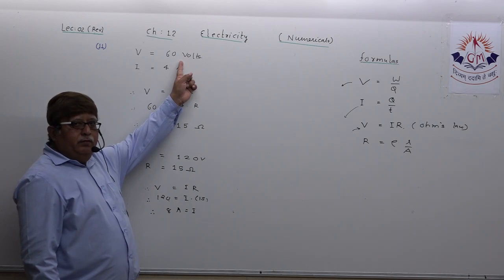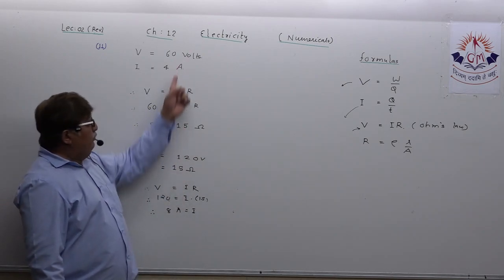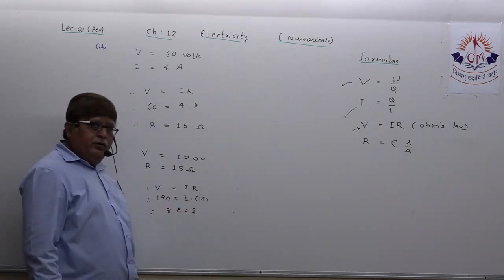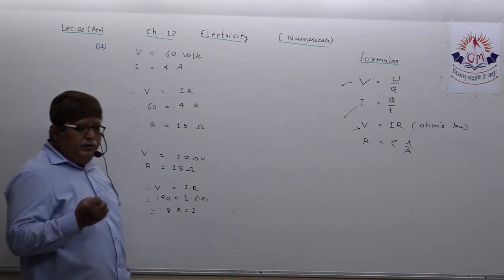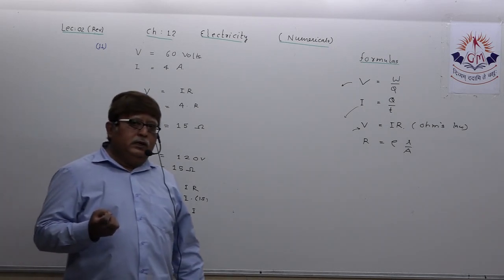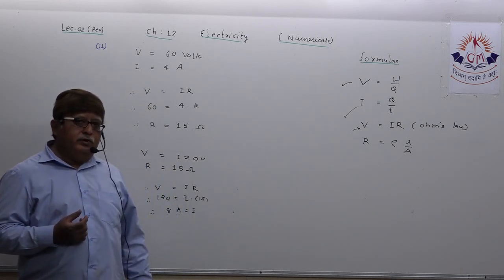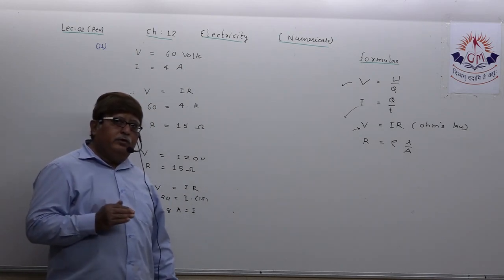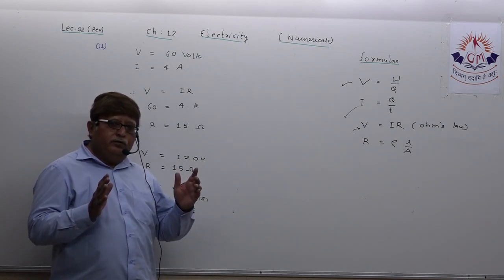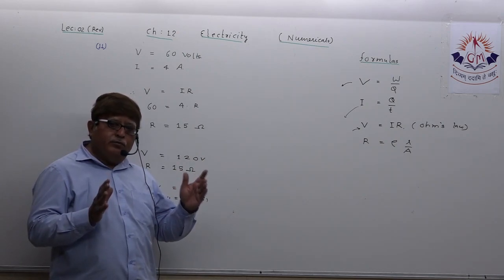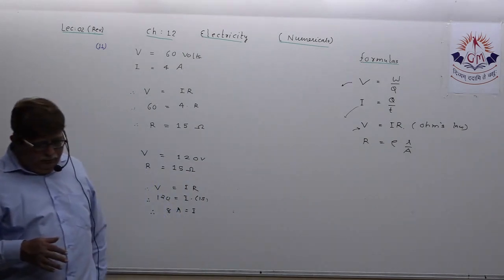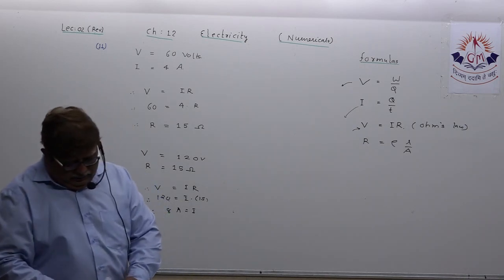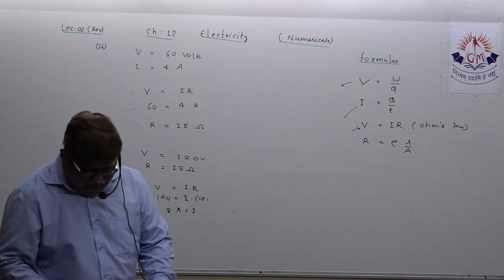Obviously when the volts are increased from 60 volt to 120 volt, double, the current is also going to be double, because that actually explains Ohm's law, that the current passing through the resistance is directly proportional to the potential difference across the ends of the conductor. Understood? So see this numerical 11, you can directly also guess it.